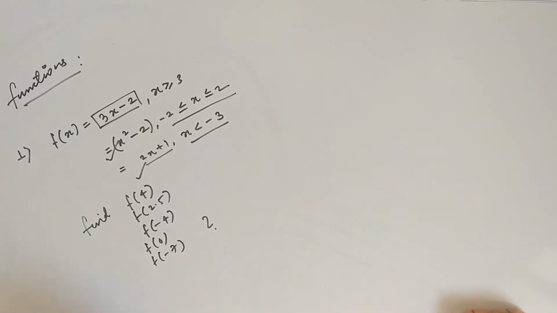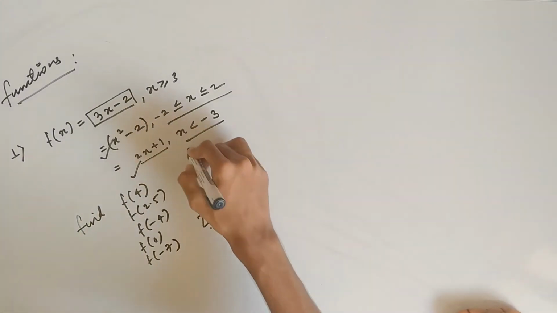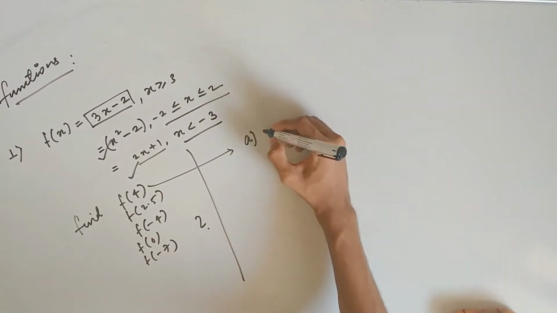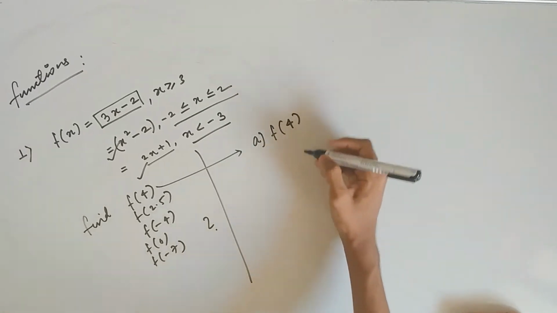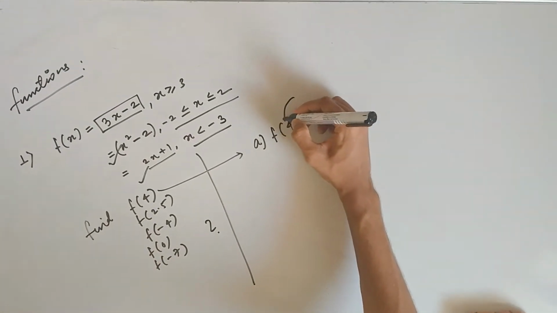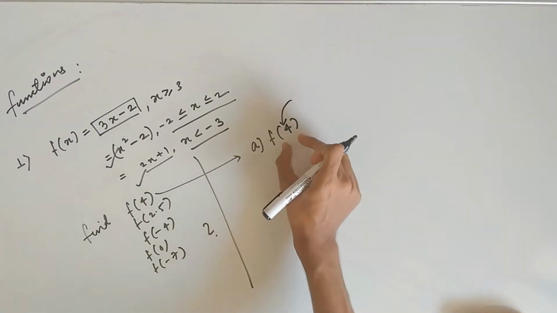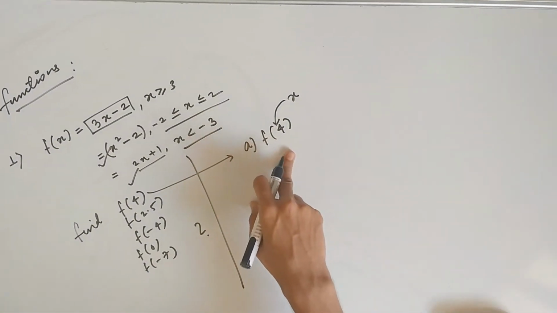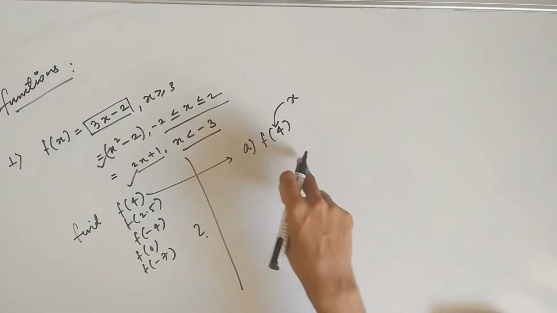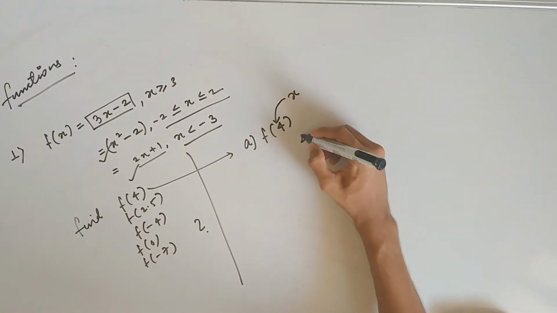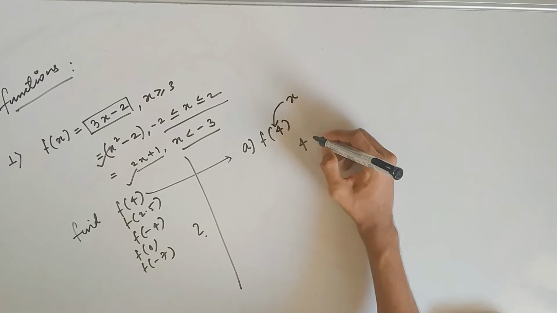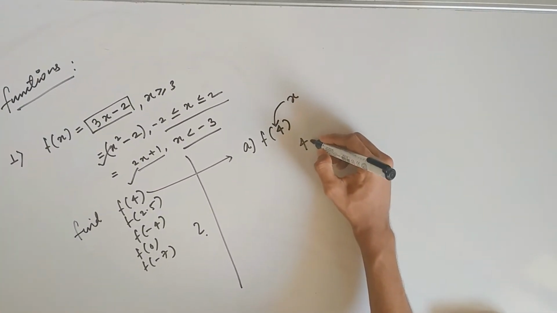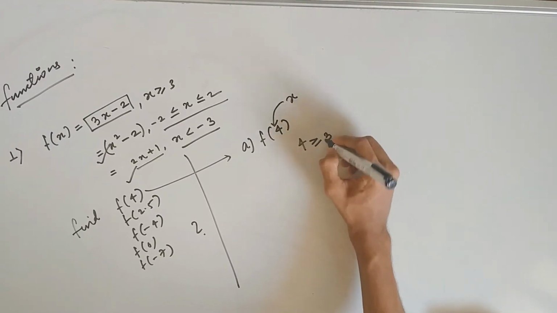So for this, what we need to check first, let's take f of 4. Part A is f of 4. You need to see that this number inside the bracket of f is x, and in which sub interval this x lies. Here 4 lies in the first defined interval, that is x greater than or equal to 3, since 4 is greater than or equal to 3.